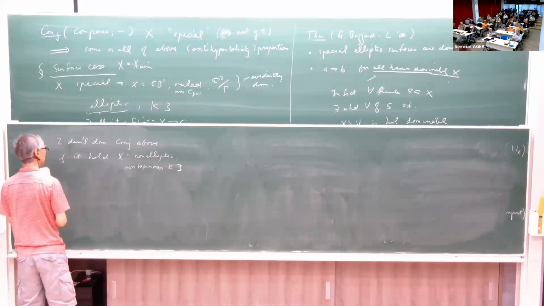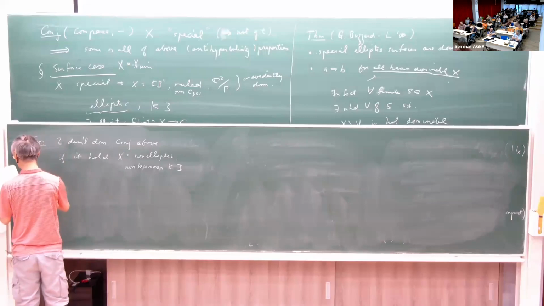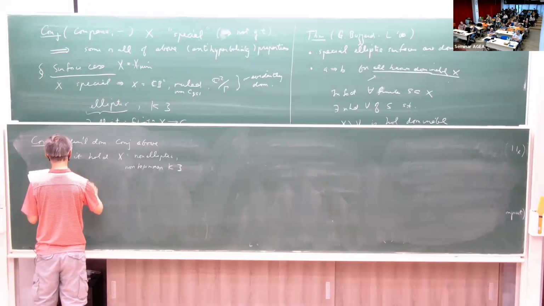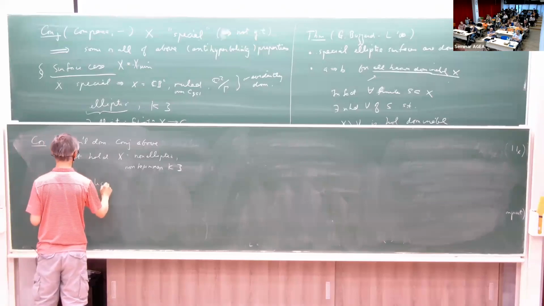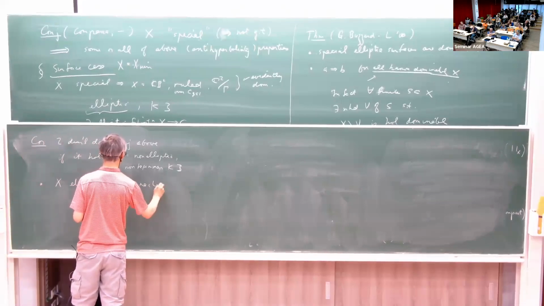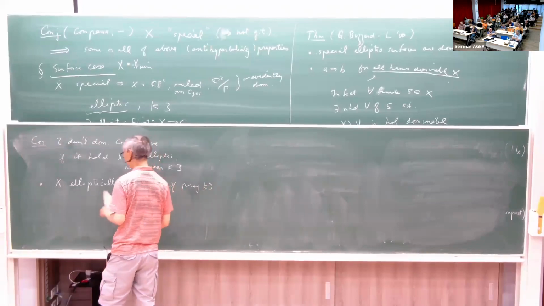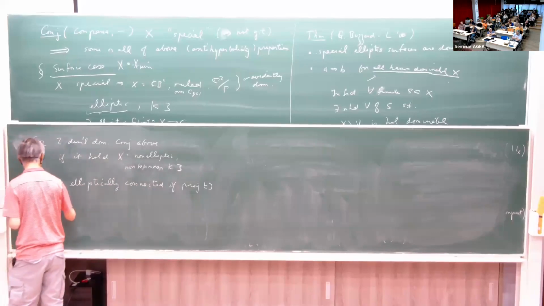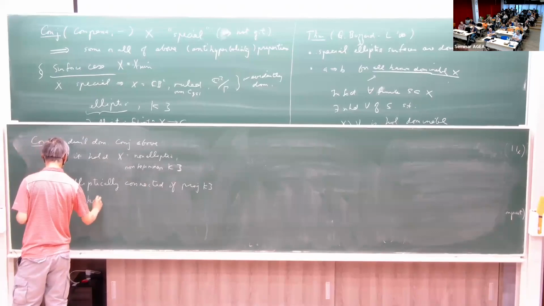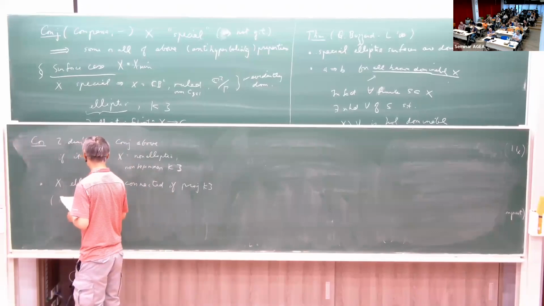So this is just a remark: X is elliptically connected if projective K3. So for projective K3, they're elliptically connected. This is a paper by Mori and Mukai, I don't remember the year, is it '83, something like this?